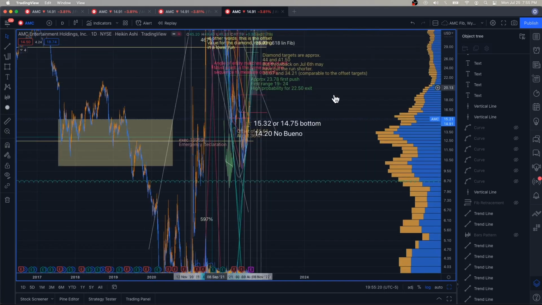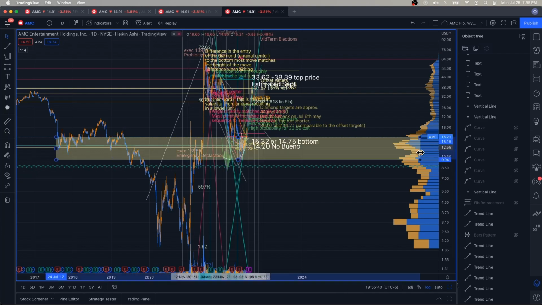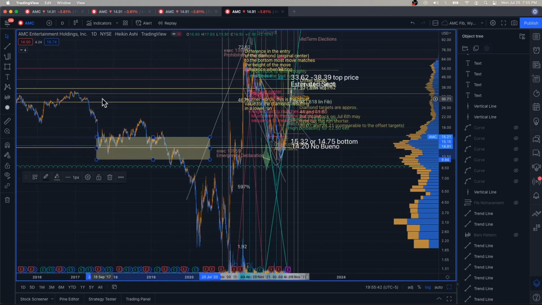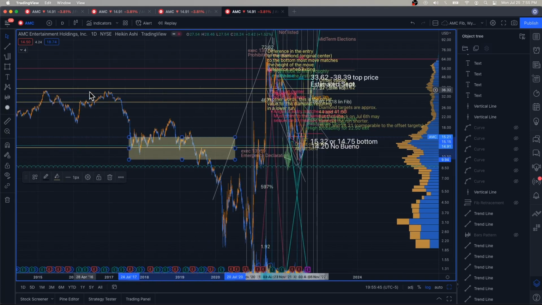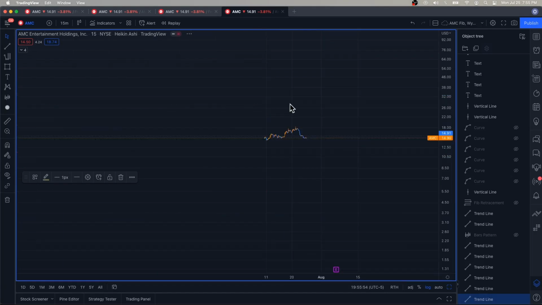When AMC goes from one region to the next, it does what every stock does. It takes a supply zone, a place where you previously sold off, and turns it into a demand zone, a place where you buy and move up. Right now, we're confirming this region down here as a demand zone. We need to confirm this region right here as a new demand zone, and specifically get over that $34 region.